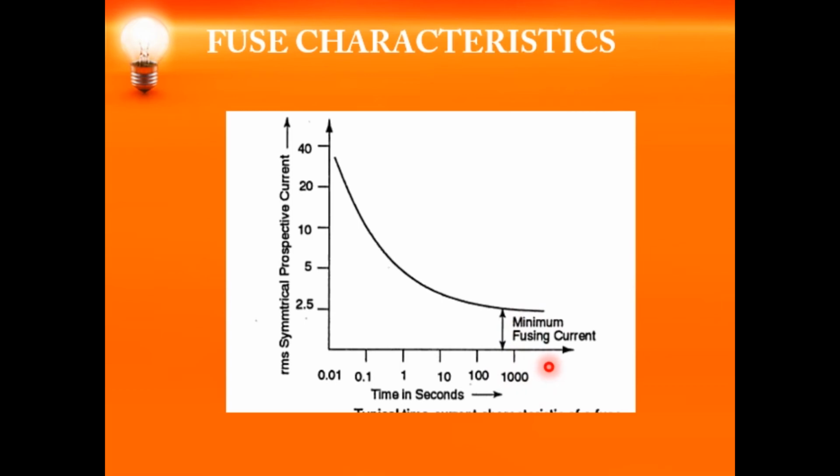The operating time of the fuse for currents near the minimum fusing current is very long. So this is all about the fuse, its terminologies and its characteristics. In the next video we will see the different types of fuses. Thank you.